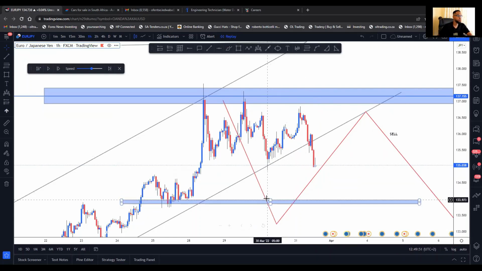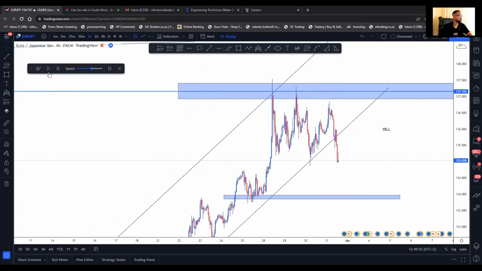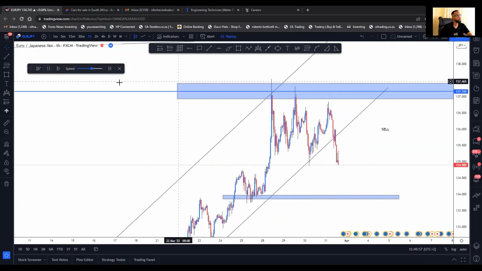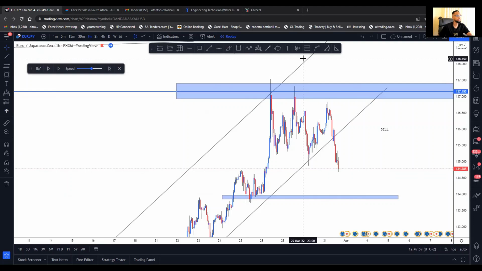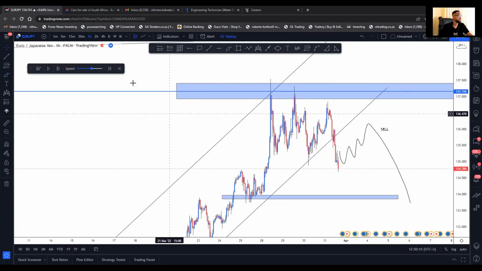So you see we broke here. So we are looking at an area where we can sell. You understand? So it broke here, you will have to wait for a correction like this. Okay, let's see.